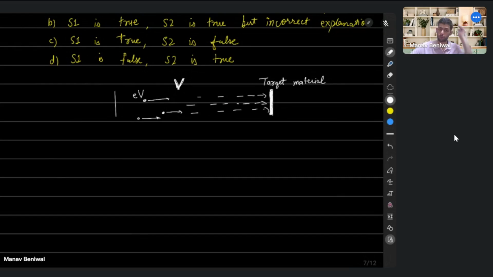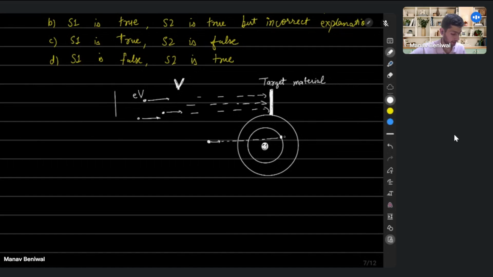When they hit the target, if this is our atom, they can remove one electron. So we have a vacancy here. So the electrons from higher orbit can transition here, and this will produce X-ray.